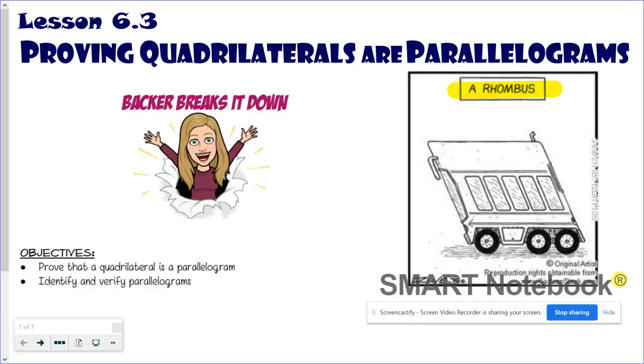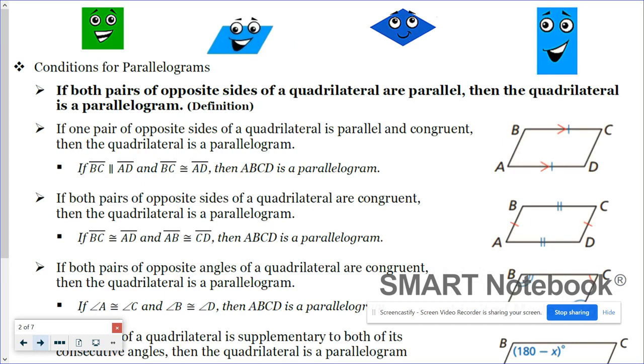In this episode, we are going to prove that a quadrilateral is a parallelogram. And the way that we do that involves the definition of parallelogram and or any of a parallelogram's properties, okay?